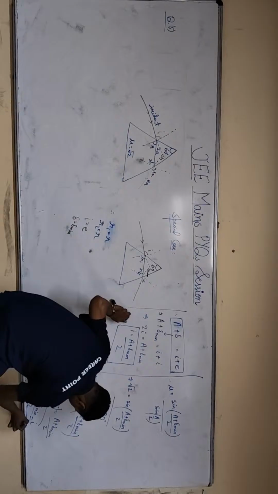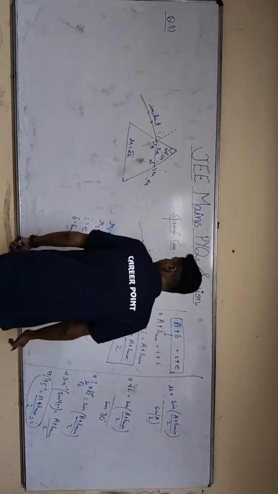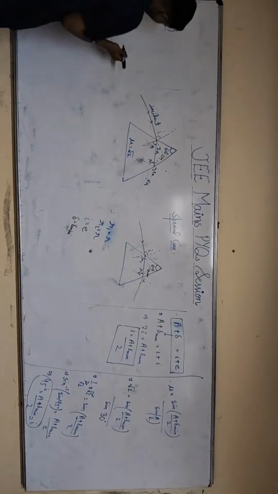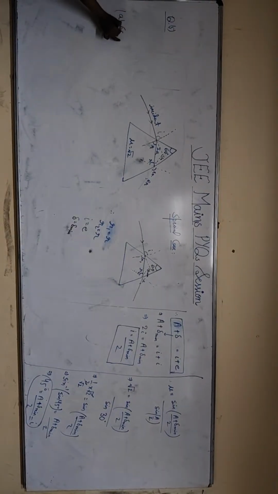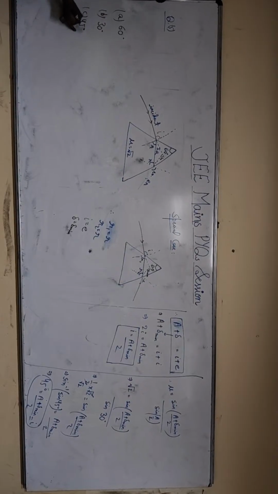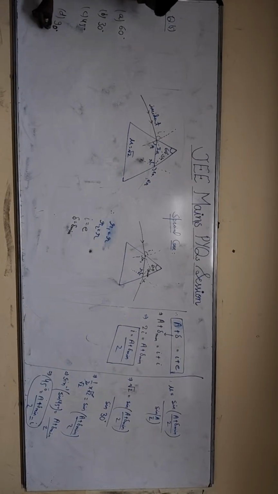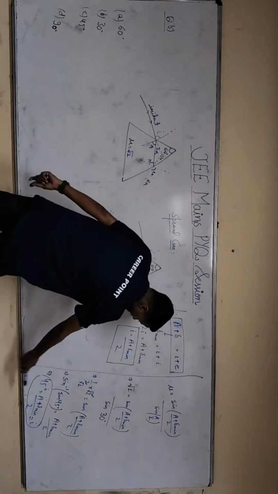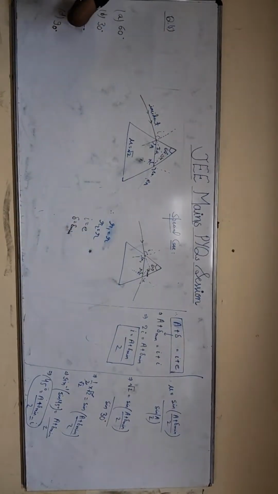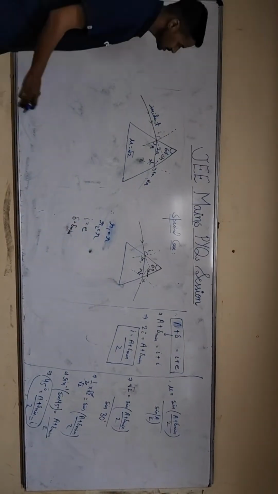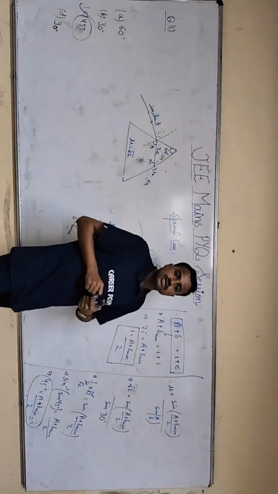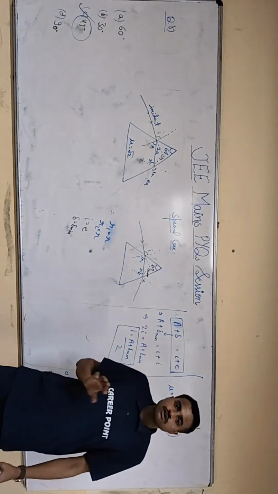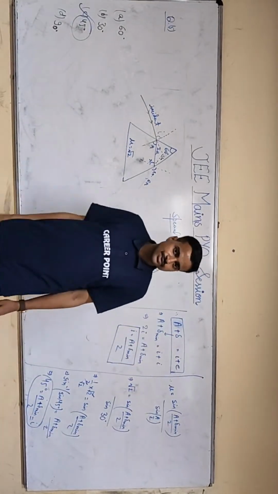So your value of angle of incidence is nothing but 45 degrees. So your right option is 45 degrees. So the ray always strikes at an angle of 45 degrees in the case of minimum deviation. I hope it is clear to you.